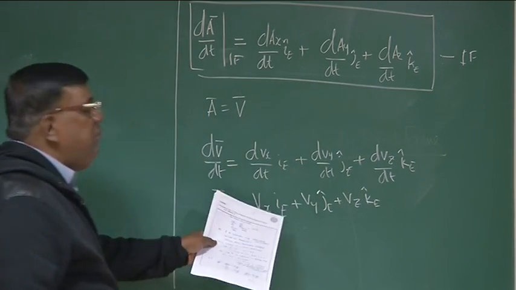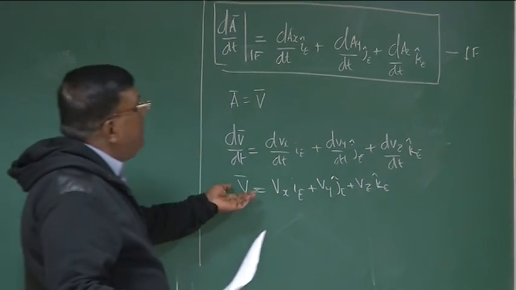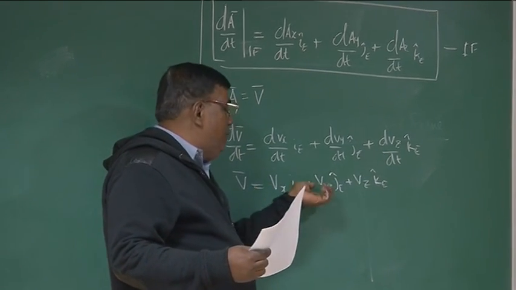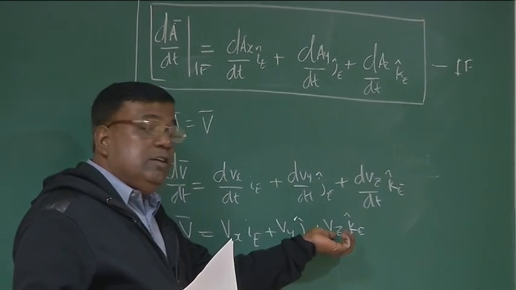So what are Vx, Vy, Vz? They are the components of V in the inertial frame. The X component is Vx, Y is Vy, and the Z component is Vz.